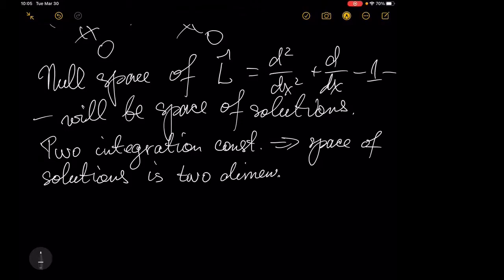Why two-dimensional? Because after you integrate twice, you're getting two constants, right? So it means that it will be spanned by some two vectors which are multiplied by these two constants.